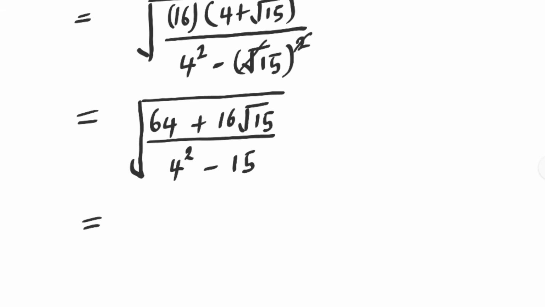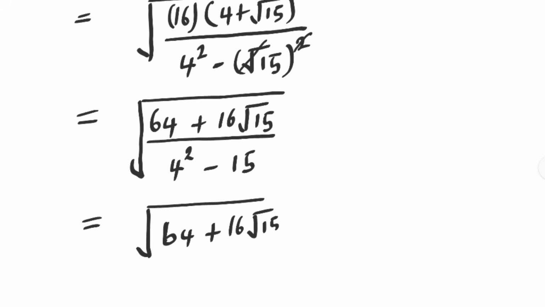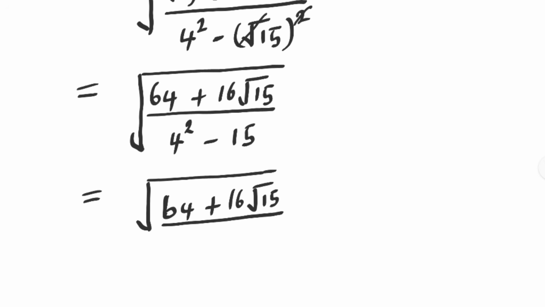This is equal to square root of 64 plus 16 root 15 over 4 square, that is 16 minus 15.